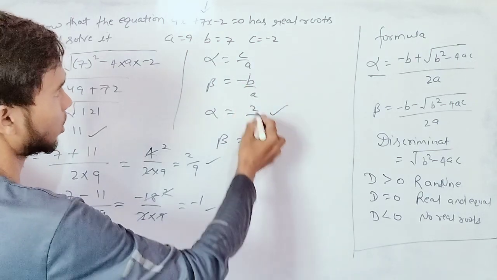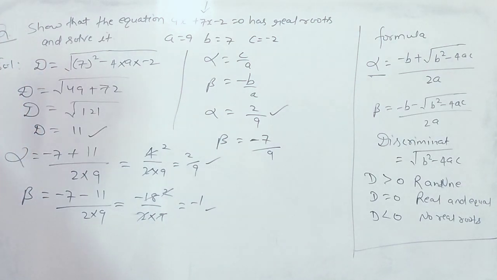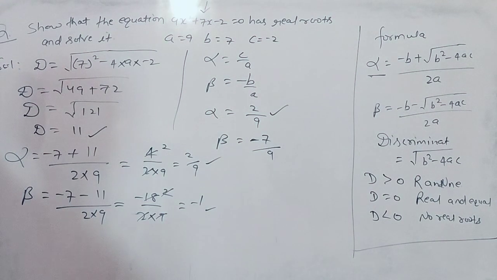B is 7 and A is 9. So the roots are 2 upon 9 and minus 1.